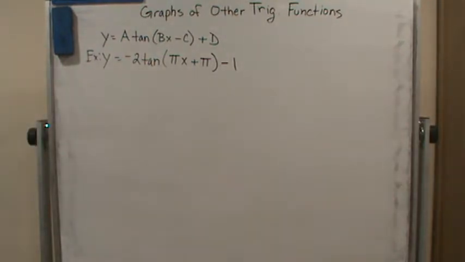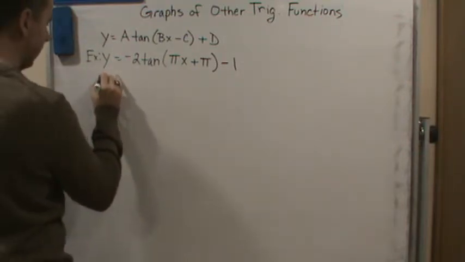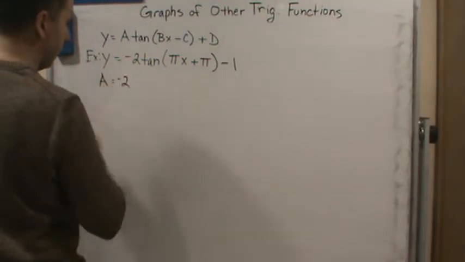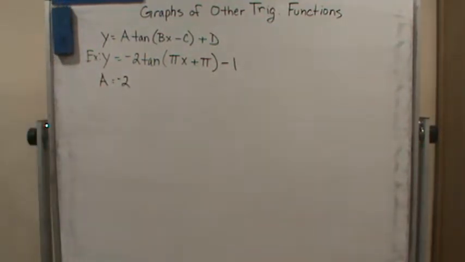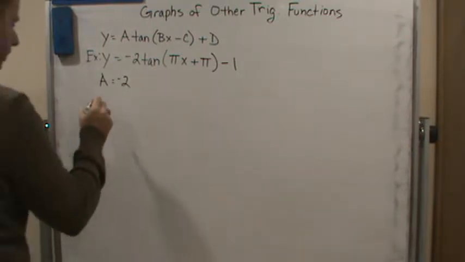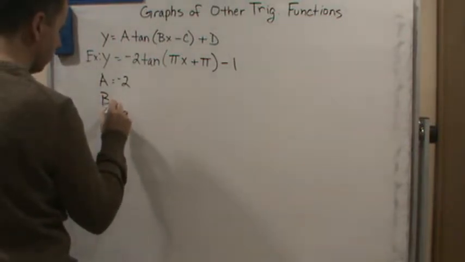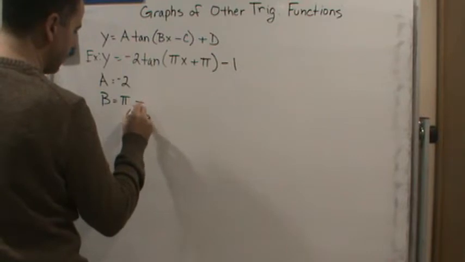Now that we have it in that form, the next thing is notice that A, the stretching factor, is -2. So A equals -2. Next is B. B is pi, which tells us the period.